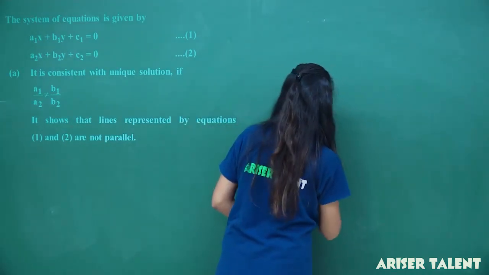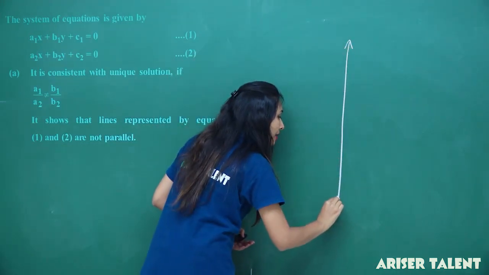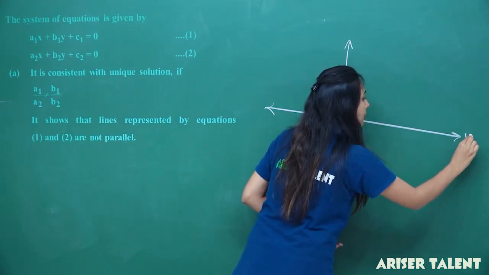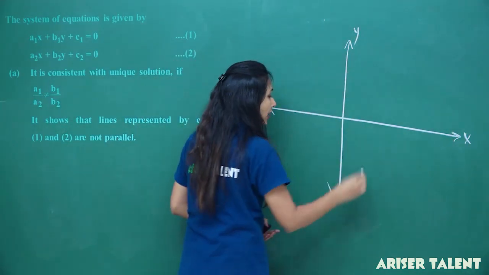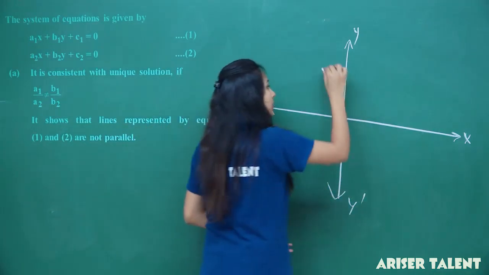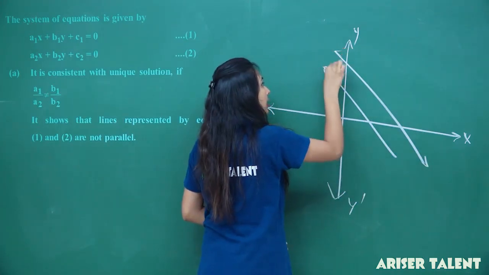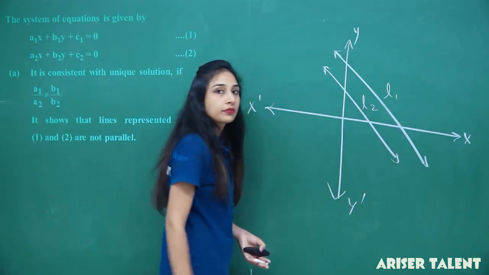Again, the second one. In that, I have this graph with x, x dash, y, y dash, and I have two lines, this line and this line, right? L1 and L2.